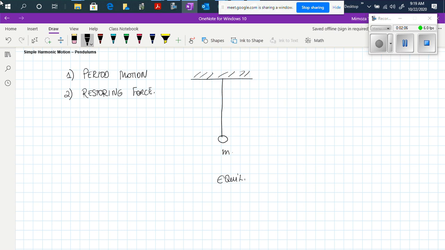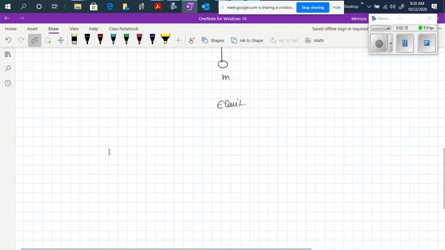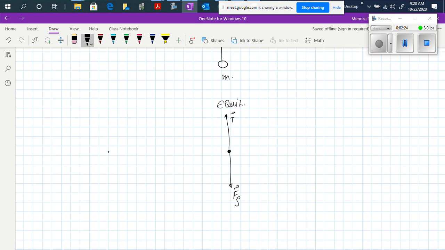So if we draw the free body diagram in this case, we will see that the force of gravity of this object is equal in magnitude to the tension on the string, but opposite in direction, so that they cancel each other.